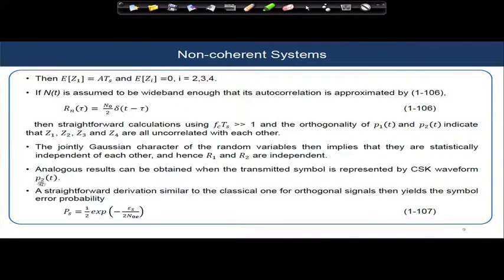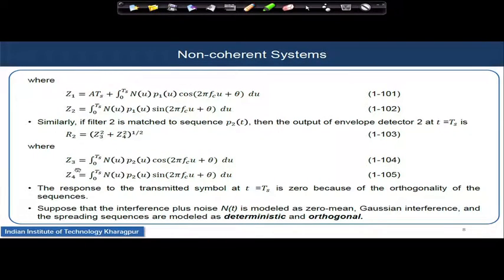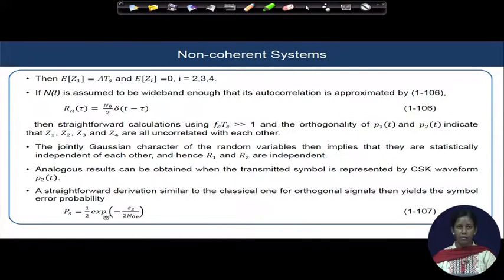Similar results we can have with P2(t), where Z3 will be written as A Ts plus this, and Z4 will have this expression, while Z1 and Z2 will have only the noise part. A similar outcome follows, and you will see that R1 and R2 again become statistically independent, considering that the noise samples are zero-mean Gaussian distributed.